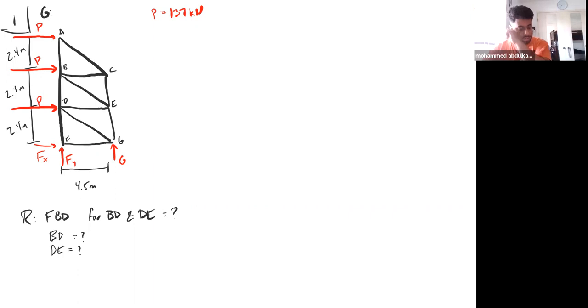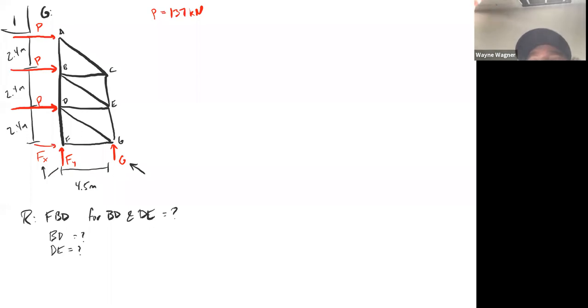Okay. You could probably bring up on another screen question 1 on practice 7, and you can see the problem. So this is everything that's given, except the only thing that's not given so far is G, Fy, and Fx that are unknown.